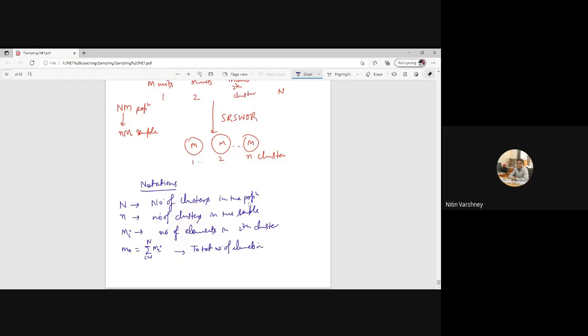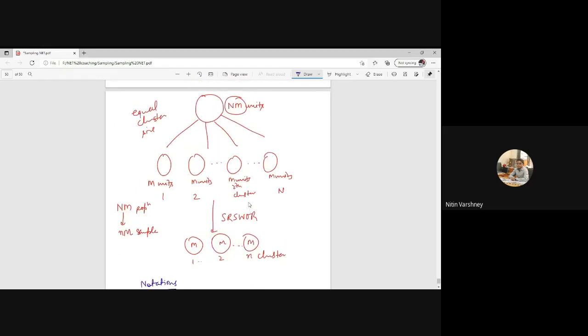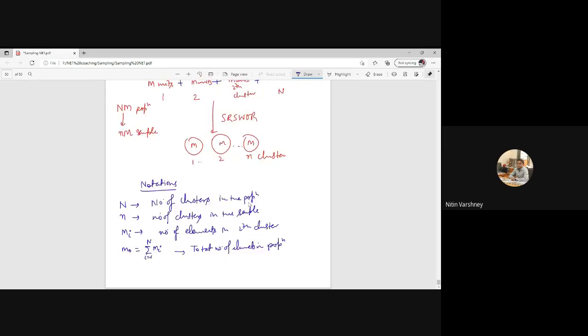In the population, what is summation mi? The sum of units of all clusters, m1 plus m2 plus m3, likewise the sum of all the units will be the total number of elements in the population. Just a minute, I will share another file.